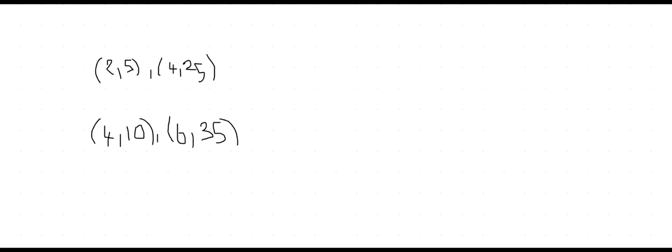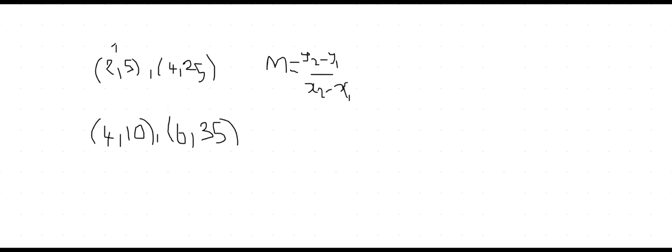So how do we do that? We know that gradient is equal to change in y over change in x, so y2 minus y1 over x2 minus x1. Let the first point be my 1 and the second point be my 2.